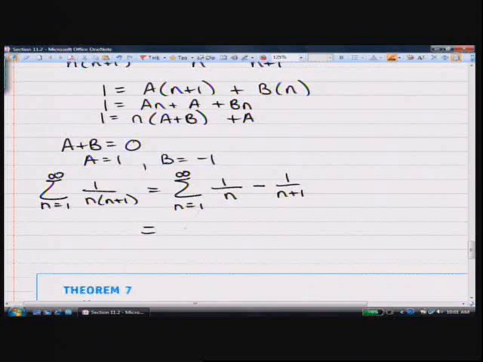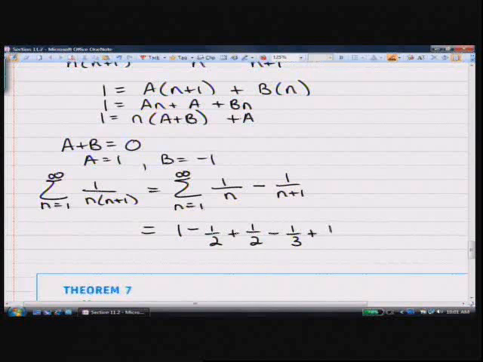If I put 1 in, I'm going to get 1 minus 1/2. When I put 2 in, the second term, it's going to be 1/2 minus 1/3. When I put 3 in, I'm going to have 1/3 minus 1/4. Okay, what do you notice? Do you notice anything?